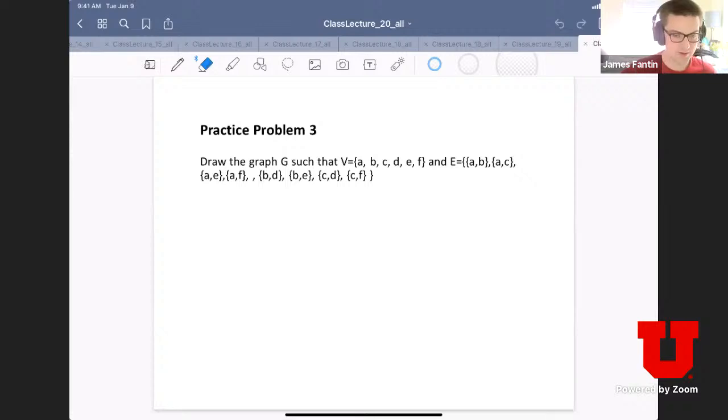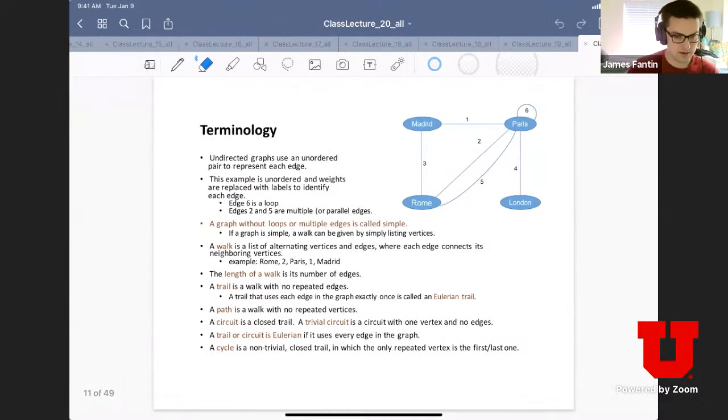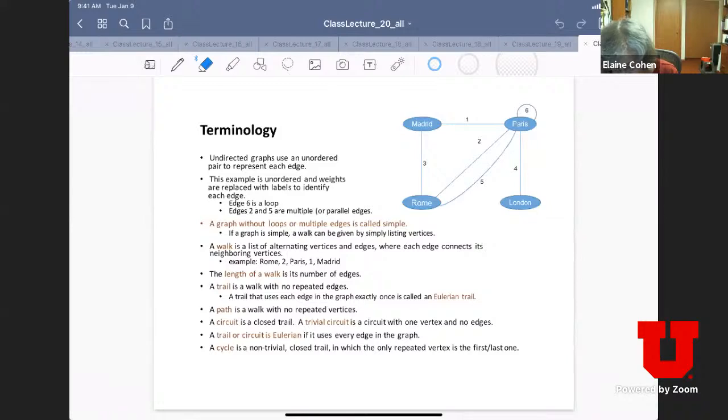And Dr. Cohn, there's a question in chat about the previous problem and whether Paris 6 Paris would be a cycle because it would be non-trivial. Non-trivial closed trail. Well, remember we had that a trail with 1 vertex and no edges was defined as a trail.